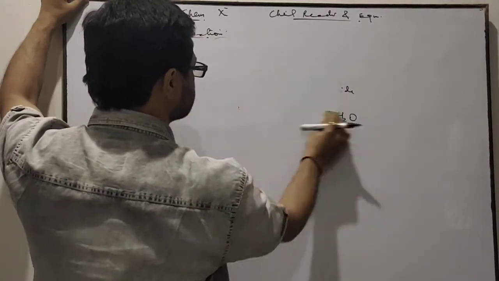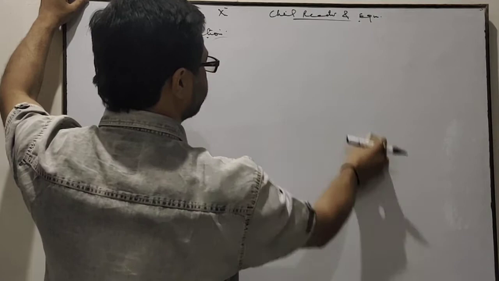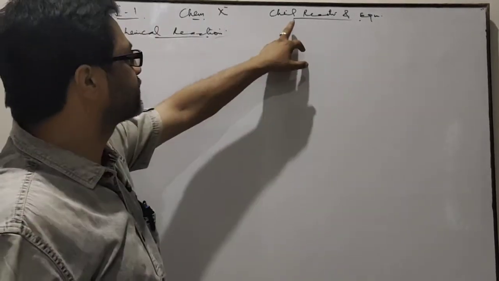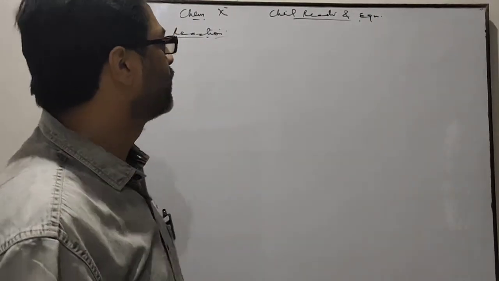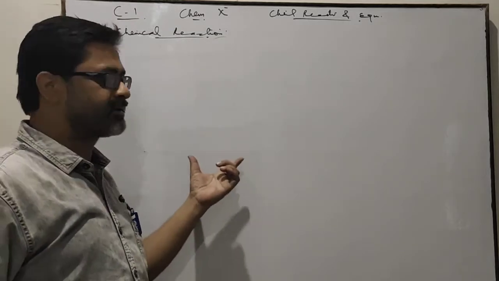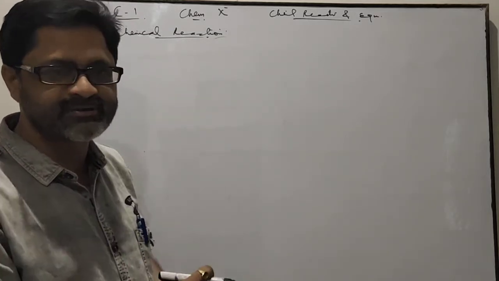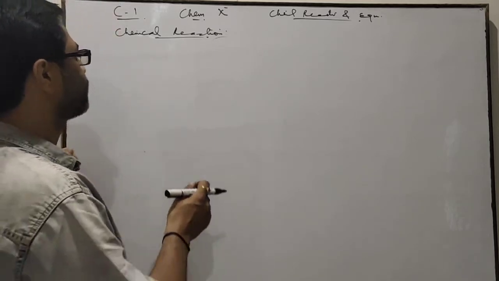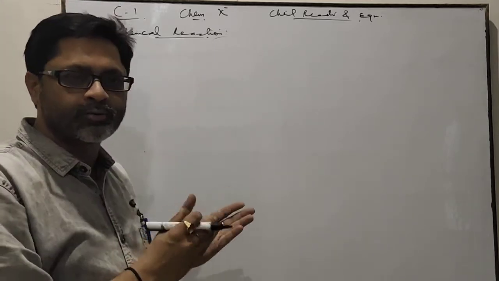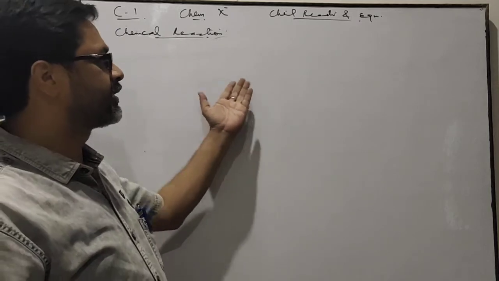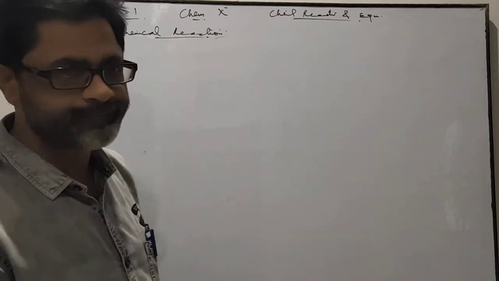Now I am going to discuss about the chemical equation. As the chapter name indicates, chemical reaction and chemical equation. What is chemical reaction? The chemical reaction is the process in which a new substance is formed. Those compounds which react together are called reactants and the compound formed are called products. Okay.